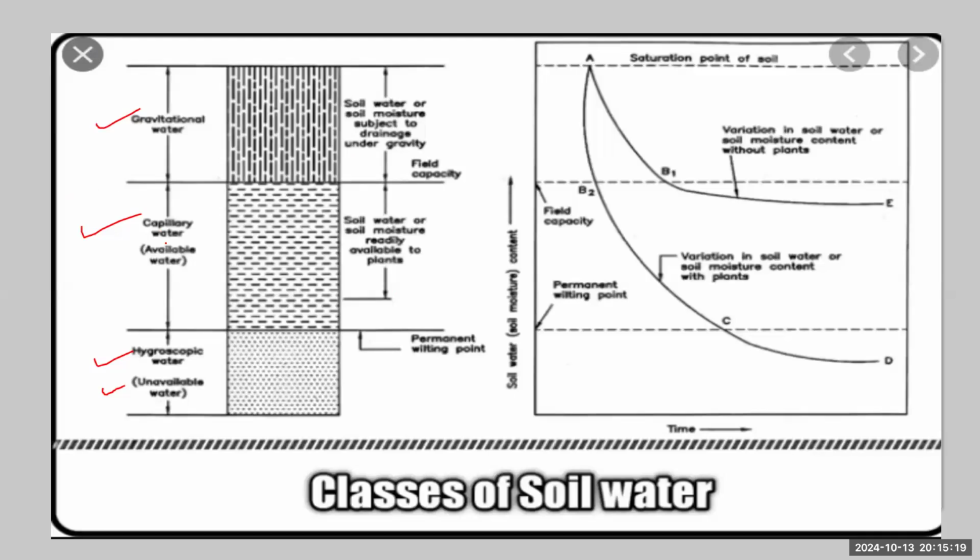Capillary water is the available water, and out of it some part is readily available water to the plant. Gravitational water drains out from that area, so it is also not used for growth of plants. With reference to these classes of soil water, we have to solve the problems.